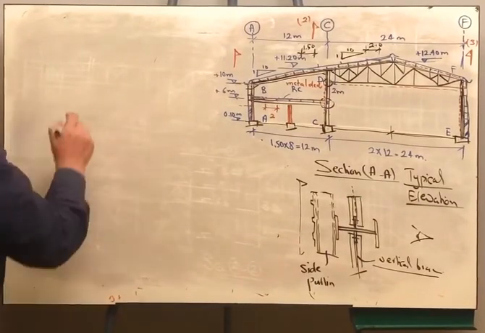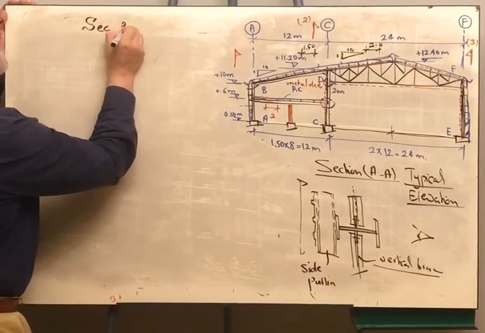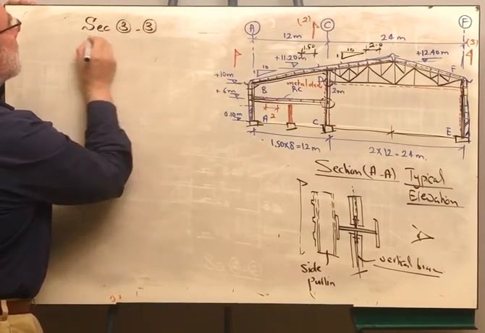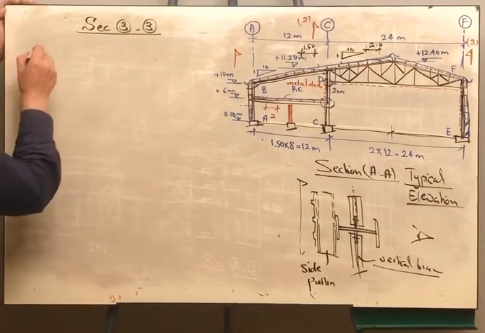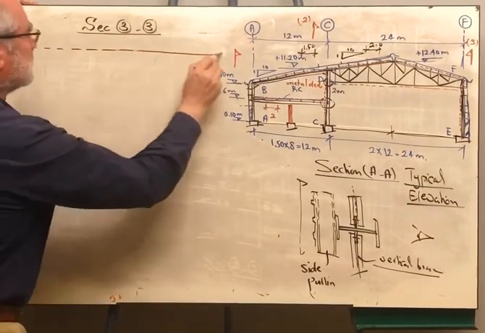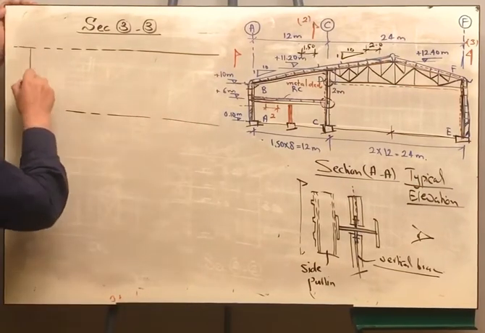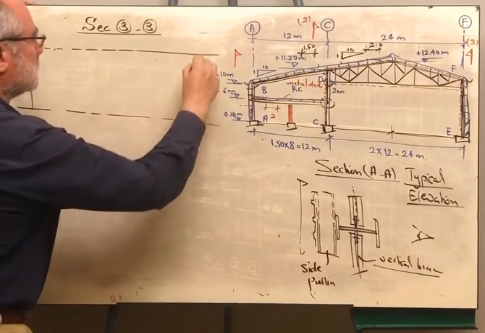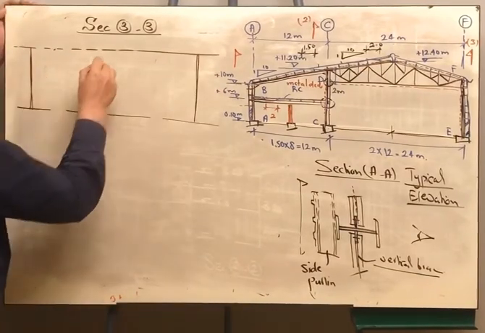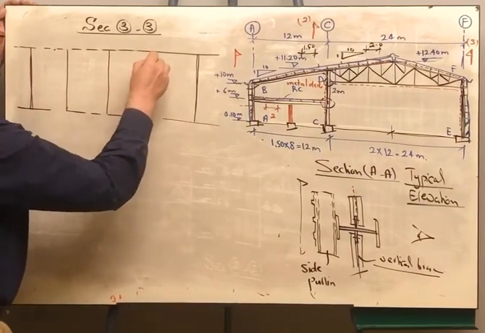So now we are going to draw together section 3. Okay, in section 3, first we are drawing the columns.